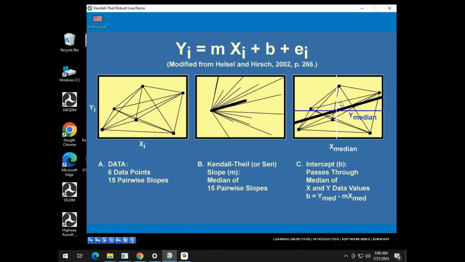This is an example of the derivation of a Kendall-Theil Robust Line. In graph A, with the predictor variable on the x-axis and the predicted variable on the y-axis, we see 6 data points and the 15 pairwise slopes.